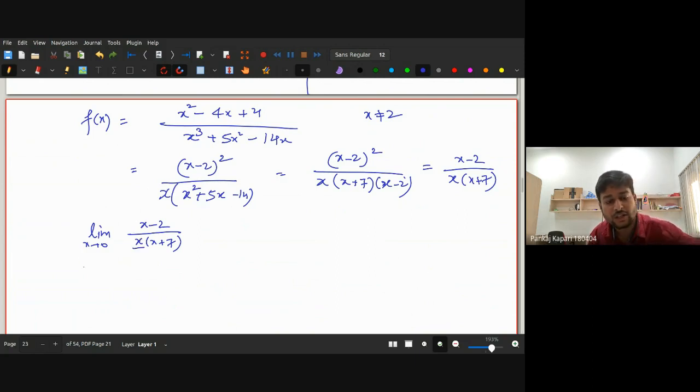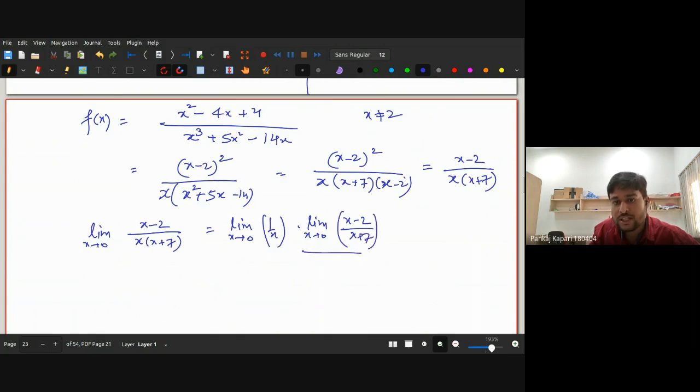So the denominator has degree 2 and the numerator has degree 1. So you can simply write this as the limit as x goes to 0 of 1 by x, into the limit as x goes to 0 of x minus 2 divided by x plus 7. Okay, now notice that this limit exists.